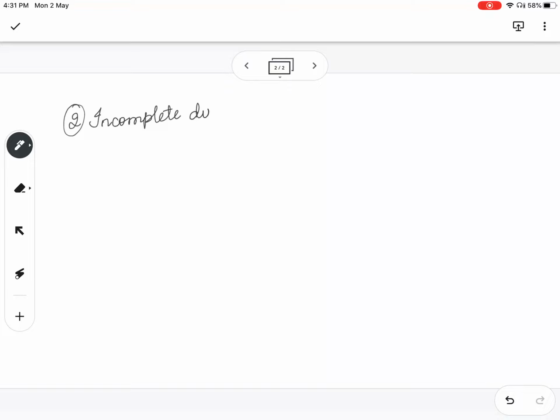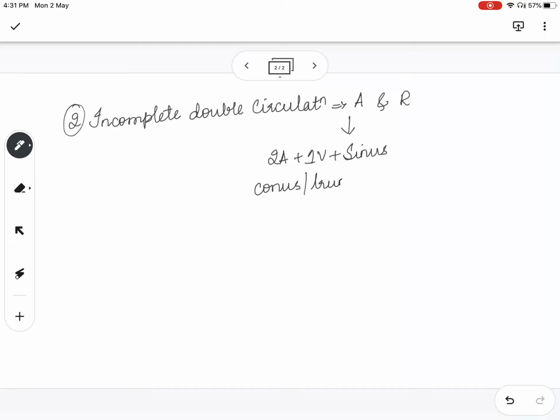Now, coming to the second category, that is incomplete double circulation. This category of circulation is seen in amphibia and reptiles. Starting with amphibia, they have two auricles and one ventricle plus sinus venosus and conus arteriosus, which is also called truncus arteriosus. Please do remember conus arteriosus or truncus arteriosus.